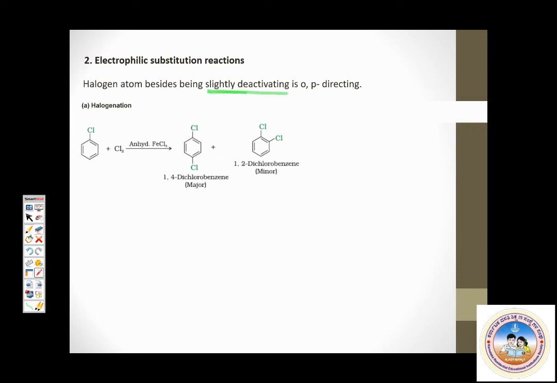That is because in haloarenes, the minus I effect becomes stronger than the plus R effect. The negative inductive effect is stronger, so it ends up becoming an electron withdrawing group. Therefore, it deactivates the ring. But it is still ortho-para directing because it shows plus R effect.